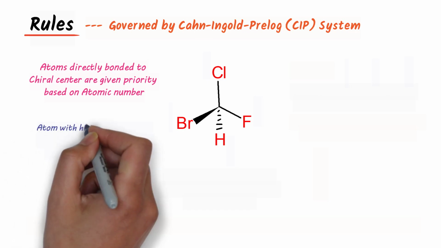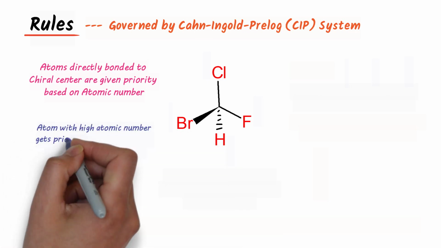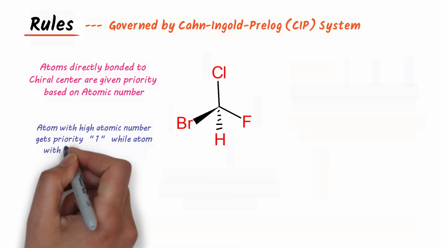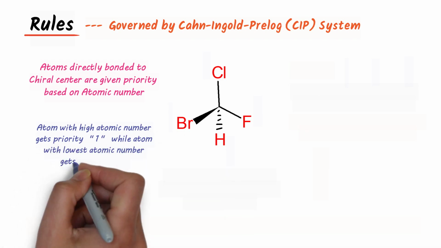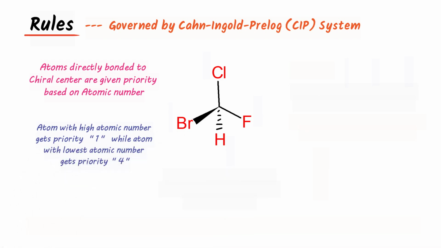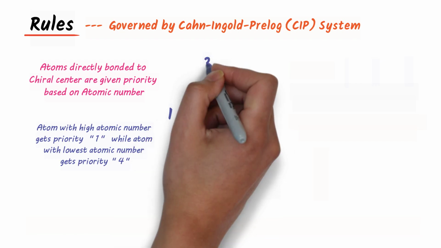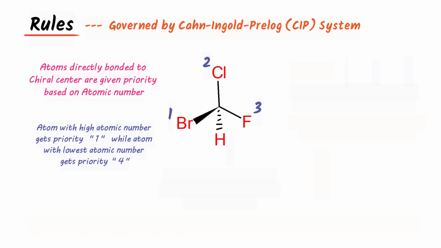The atom with the highest atomic number gets priority 1, while the atom with the lowest atomic number gets priority 4. As you know, bromine has a high atomic number, then chlorine, then fluorine, and the least atomic number is for hydrogen.